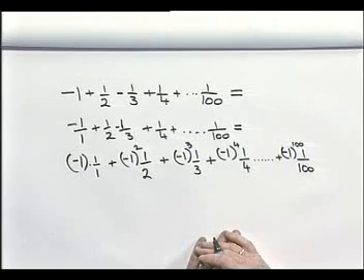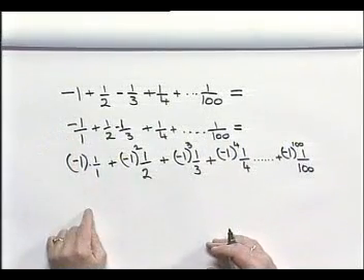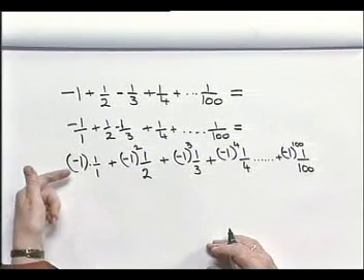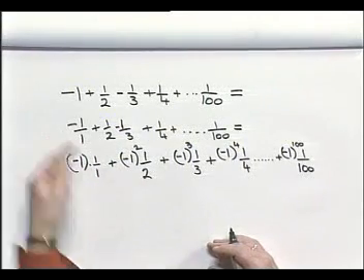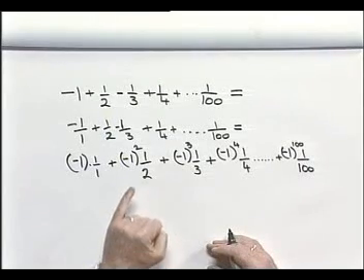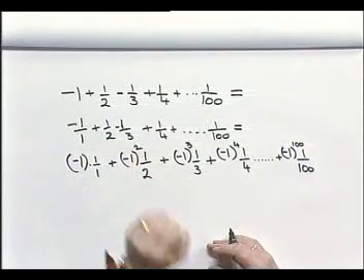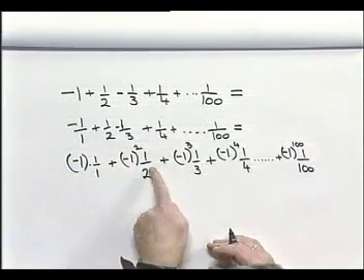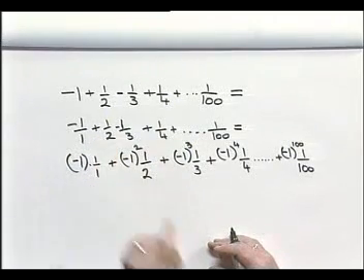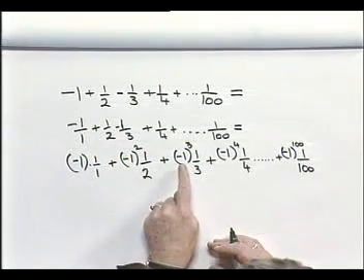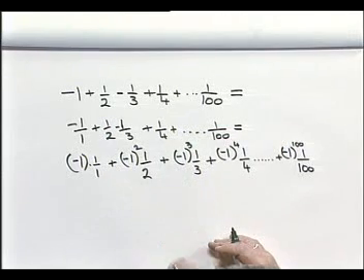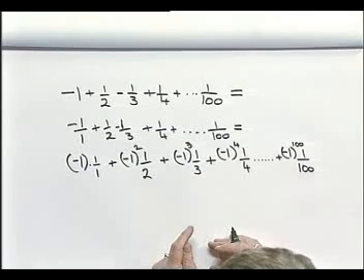Have we got the same sum? Well, yes, because look at each term. -1 times 1 over 1 is -1 over 1. -1 squared will be +1 times a half, which will give us our plus a half. -1 cubed will be -1 times by a third, which is -1/3.